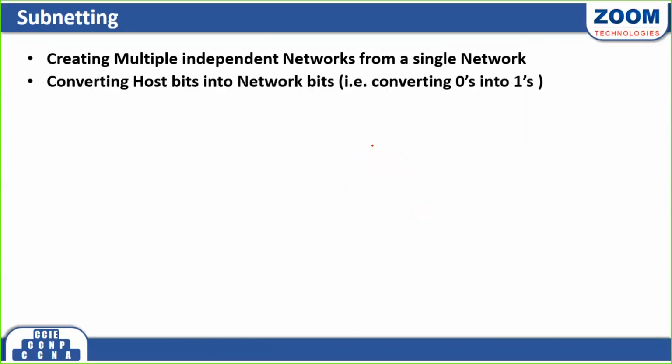But how is it technically possible? By converting host bits into network bits, meaning converting zeros into ones. For class A, the first octet is network, then host, host, host. But in our example, we're taking a class C network: network, network, network, and host.